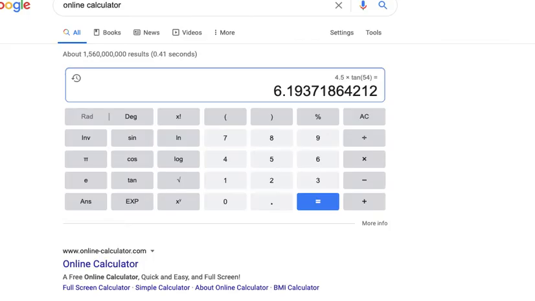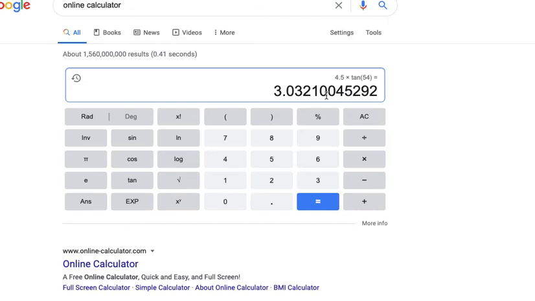Also, I want to remind you again, whenever you use a calculator, make sure your degree is chosen. Otherwise, you will make a huge mistake. I will show you again: if I don't pay attention to this and I still type the same thing, even if you have a very good understanding of the equation, this time they don't give you a negative, so it's very hard to say whether it is right or wrong.